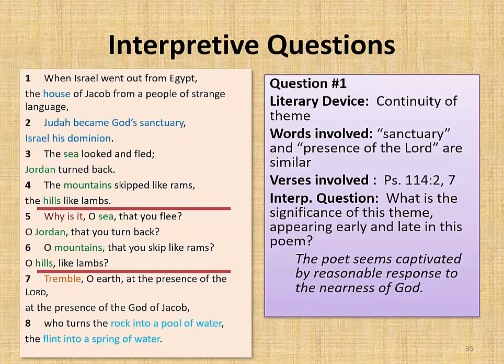So this idea of God coming on the scene and then observing how phenomena around him, around God's presence, react to his arrival, this seems to be the dynamic that's captivating the poet, at least in part of this poem. The fact that it's showing up more than once then may indicate that we're tapping into a central theme. Maybe not, but we want to be aware of it and watch.